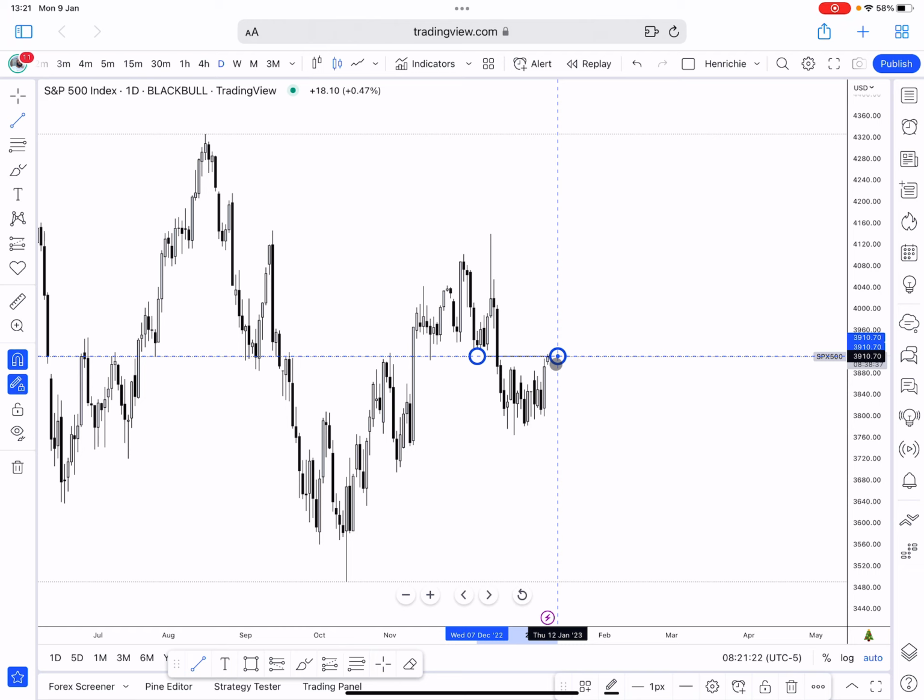So when I see this low get broken, I then assume it's a break of structure.